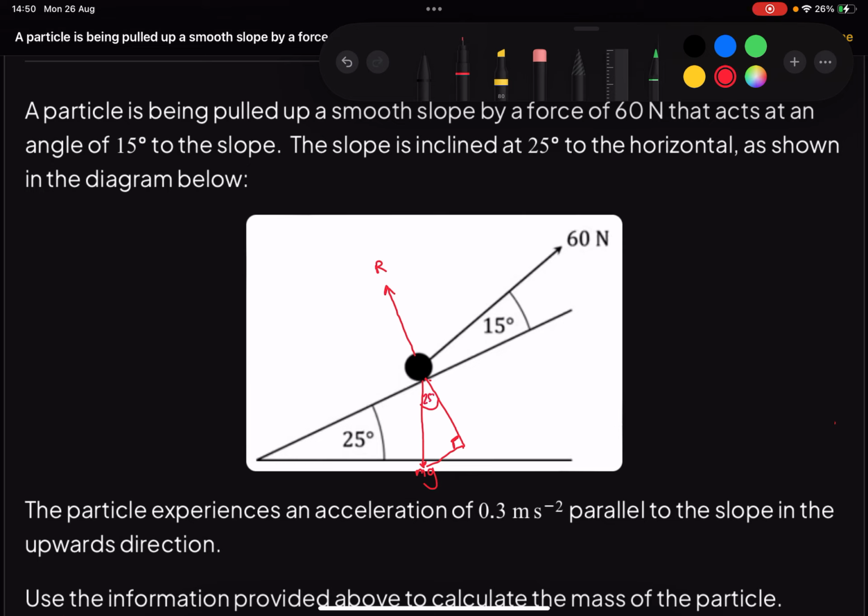It's also 25 degrees. When you're making a force triangle, the angle is always the same as the inclined plane angle.